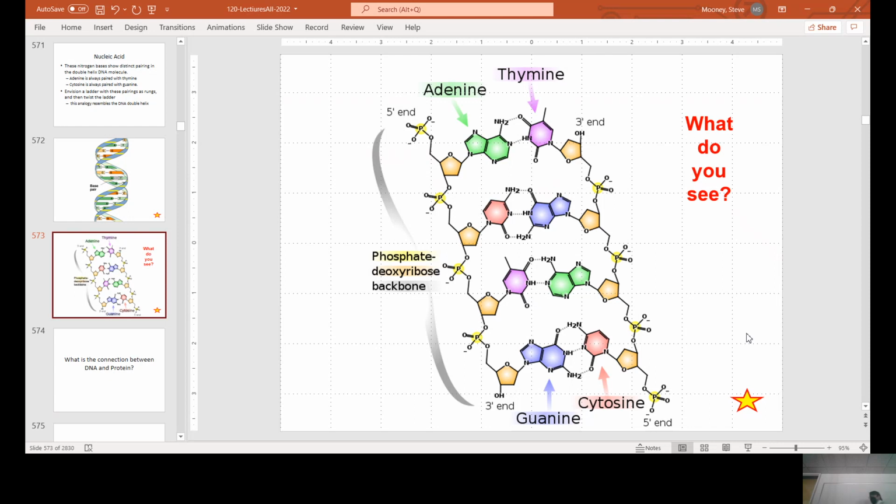So just looking at that, what do you see about the interactions between A and T and G and C? And what do you see that's common about each of those rungs? Just physically looking at that, what do you see?